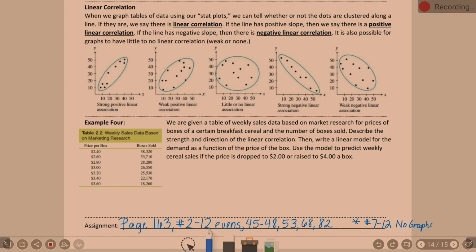I like to go up to my header column and do clear, not delete, or you'll delete your column altogether, clear enter. And that will delete all my numbers. Okay? Go ahead and start typing your numbers in. I'm going to put price per box into L1, and I'm going to put boxes sold into L2.